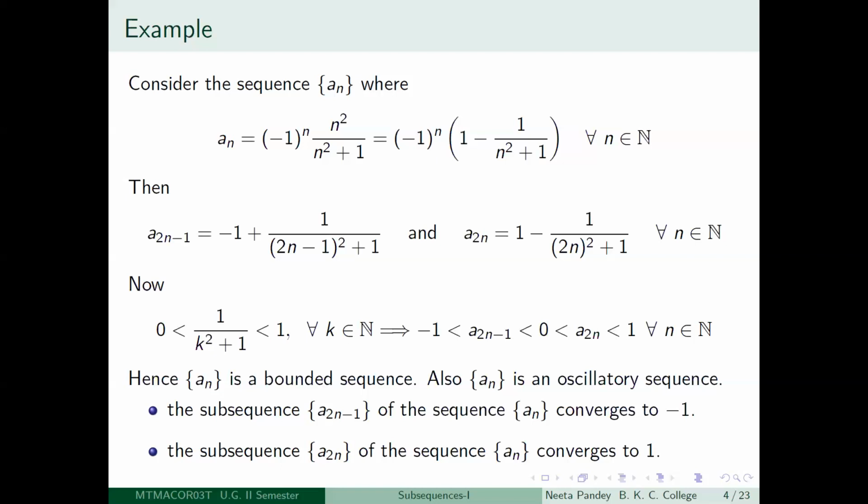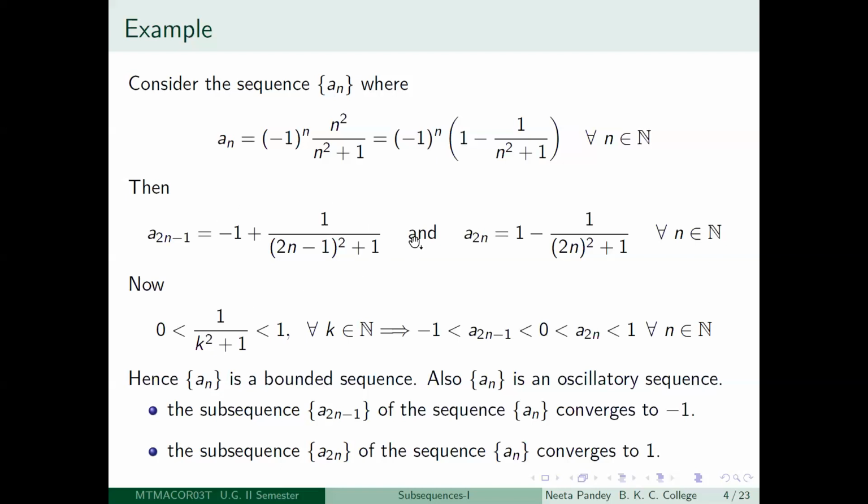Again, as I said before, this will have infinitely many convergent subsequences also. If you draw the picture here, which I have not bothered to draw, you can see that these odd terms are between minus 1 and 0, and they are numbers greater than minus 1, tending towards minus 1.